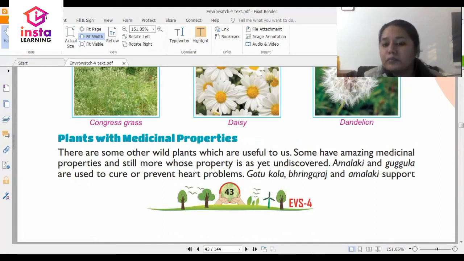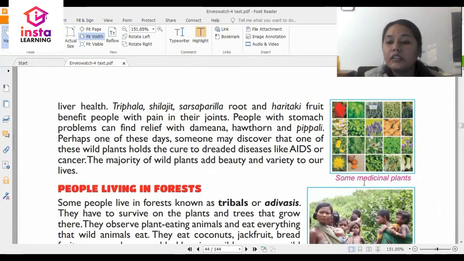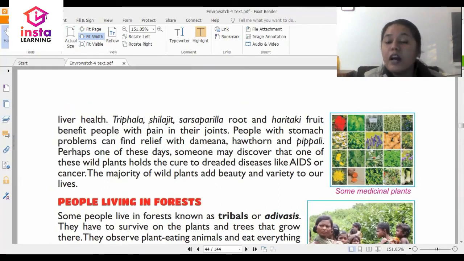Gotukola, Bhringaraj and Amlaki are there to solve liver problems. Triphala is a very common medicine plant and it is mainly used for digestion purposes. Then there are other plants which are wild, but the fruit is used for relieving people from joint problems.